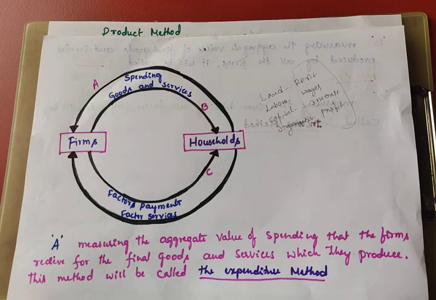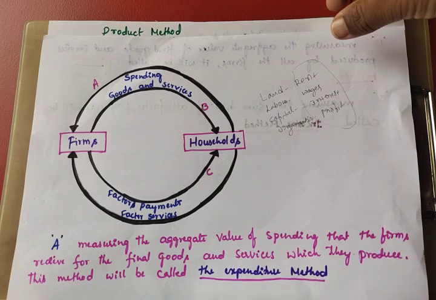We take the expenses incurred by all the firms, whether working under the government or in the economy sector, in the process of production. How much they expend to produce goods and services, especially final goods and services, is called the expenditure method.